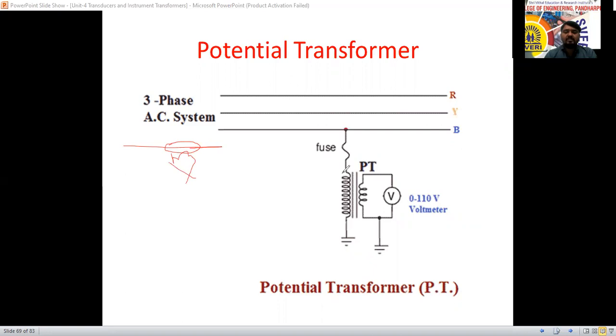And this one we consider as the secondary winding, also with respect to ground.